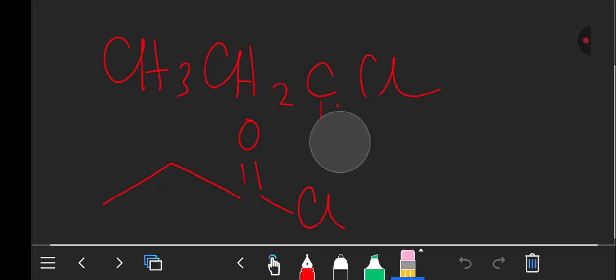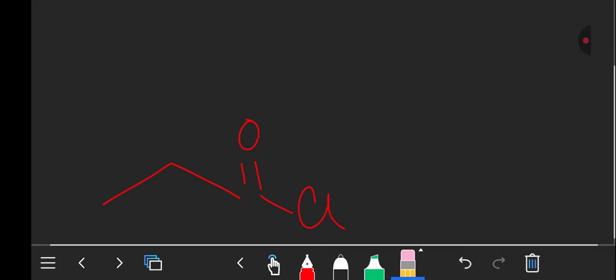So the name of this compound, we just count the number of carbon atoms, 1, 2, 3. It has 3, so it is prop. Initially it was propanoic acid, now it reacted with the chloride.